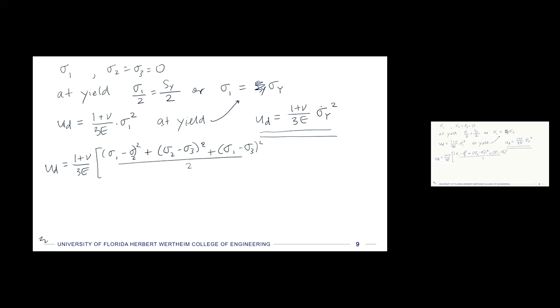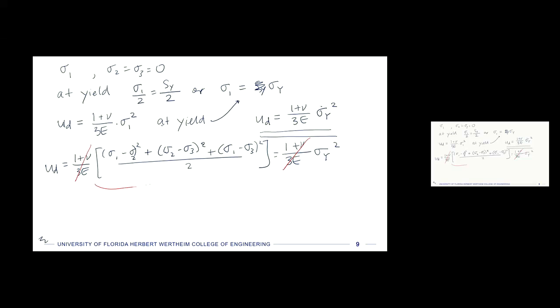And then all those divided by 2. Set that equivalent to our new expression for when yielding occurs. And then we can cross out the coefficient because that's the same for both. And this is our failure criterion now. We don't calculate any energies.